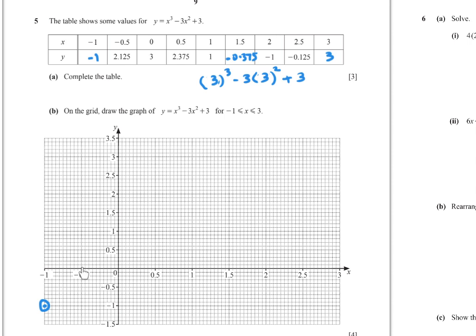Then 0 and 3. Then 0.5, 2.375, so you can say 2.4.